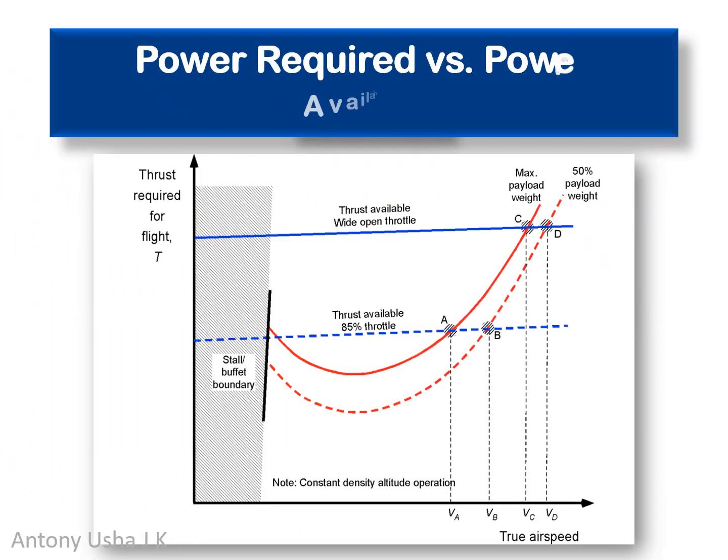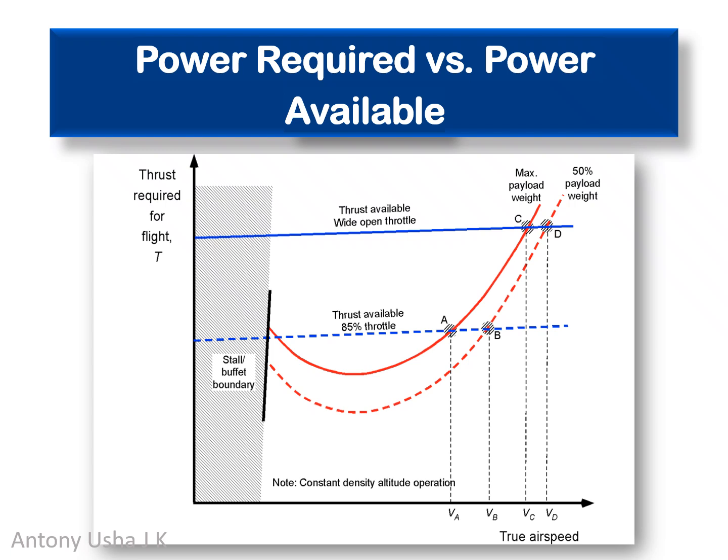Power required versus power available. This diagram shows the relationship between thrust required, thrust available, and the true airspeed for an aircraft operating at a constant density altitude. The red curve represents the thrust required for steady level flight at two different payload weights, solid for maximum payload and dashed for 50% payload.